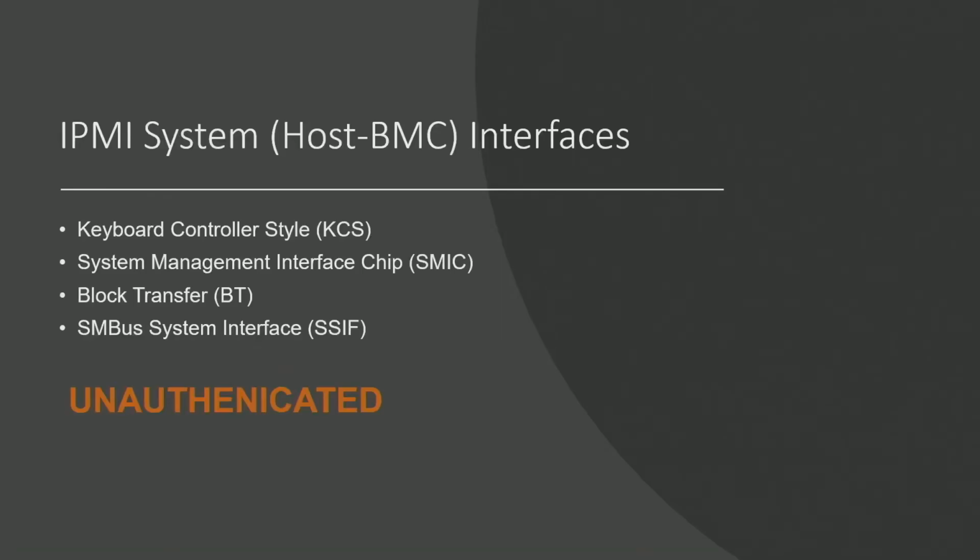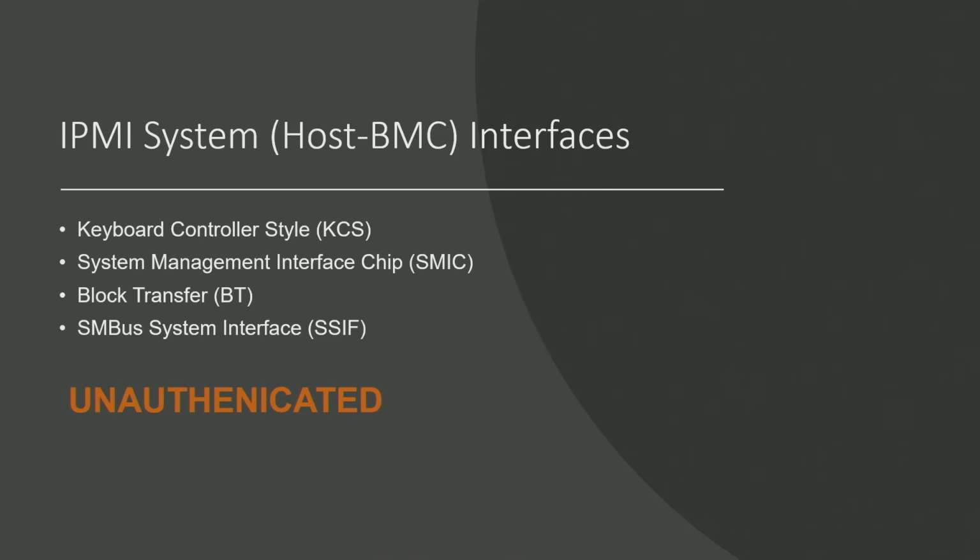So why would you want to disable it? Well, going back to this, these system interfaces are not meant to be used, or at least this boundary between the host and the BMC through these system interfaces is not meant to be privileged. So it was unauthenticated. If you're going to talk to the BMC through these interfaces, it's assumed that you're allowed to, that the system designed it that way, and that it was configured in such a way that they wanted you to do this. So what do we do about that?